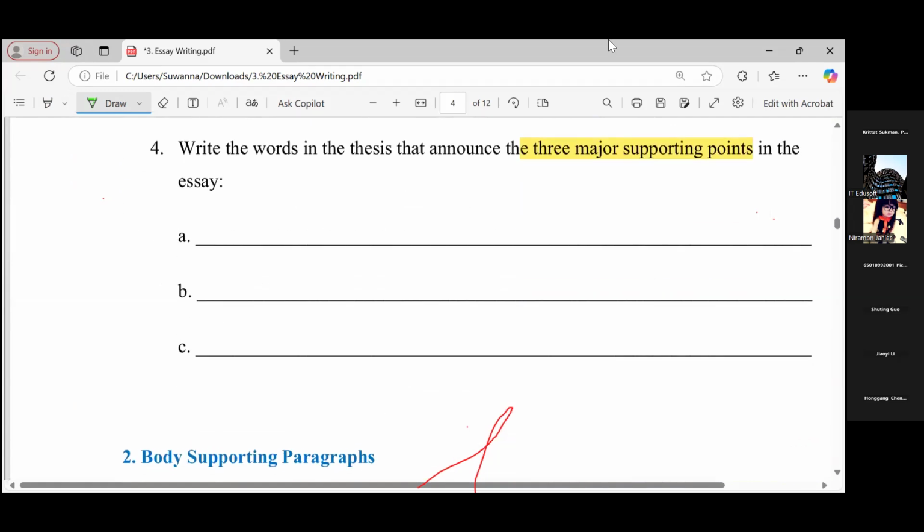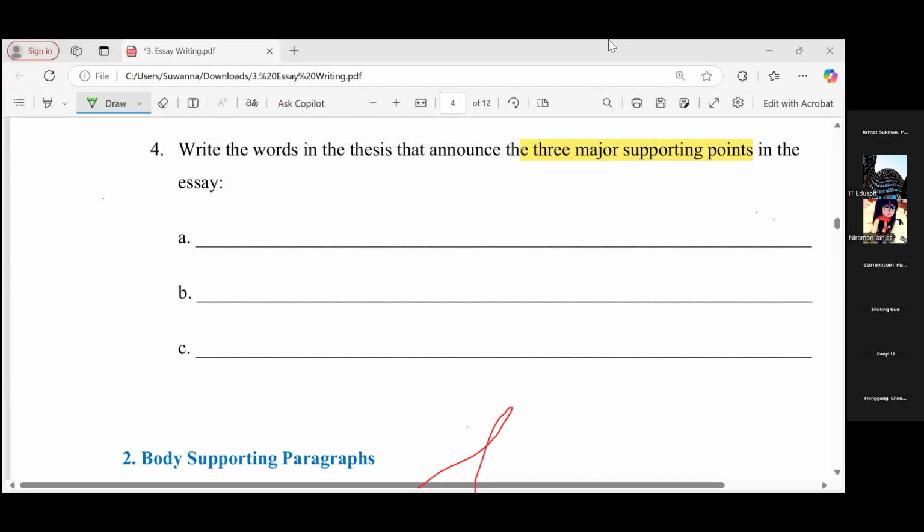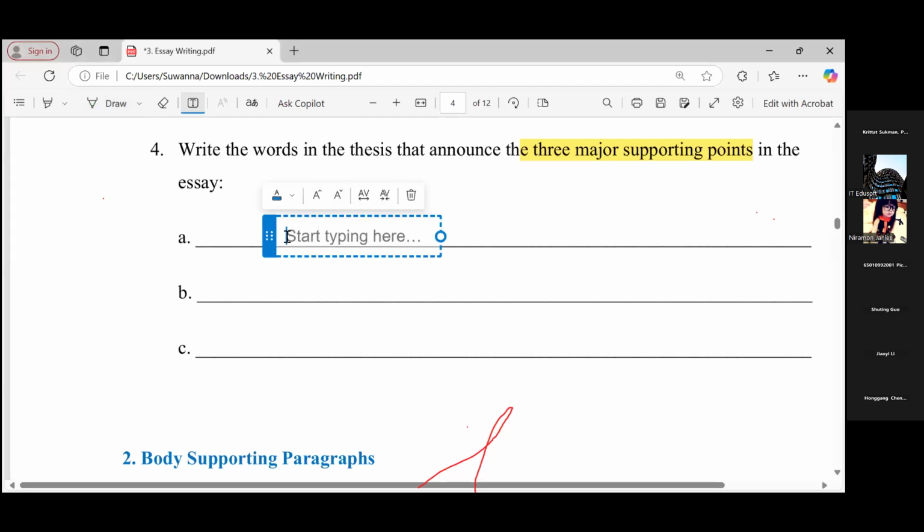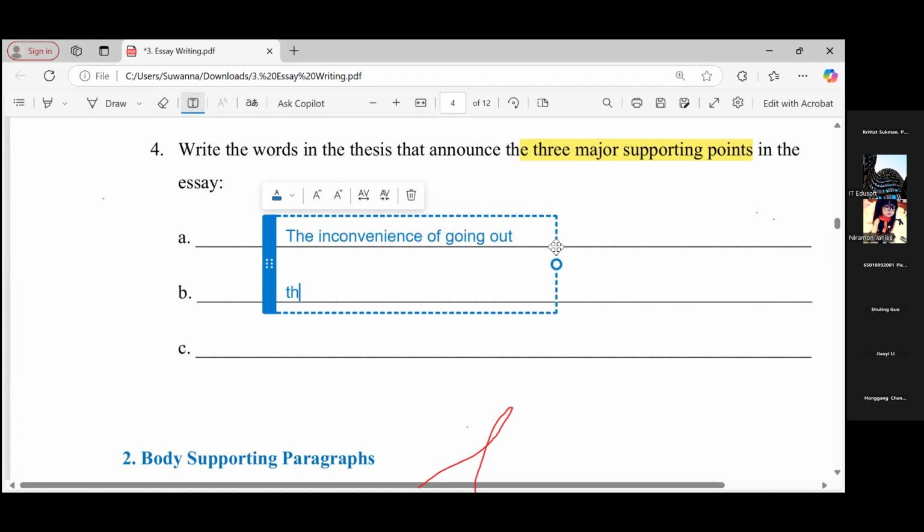Oh, yeah. Just a moment. So the first point is what's that? The inconvenience of going out. And the second point is the temptation, right?